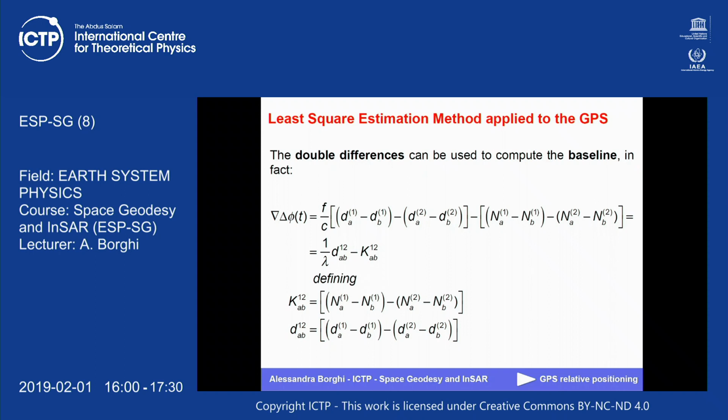We can use the least square method, for instance, to estimate the parameters and the precision associated to this estimation. Okay, now we have seen what a least square estimation is in general terms. Now we are going to see how we apply this method to the GPS.